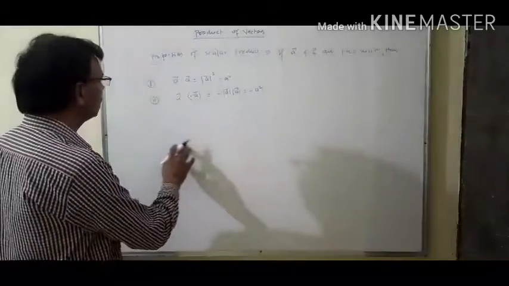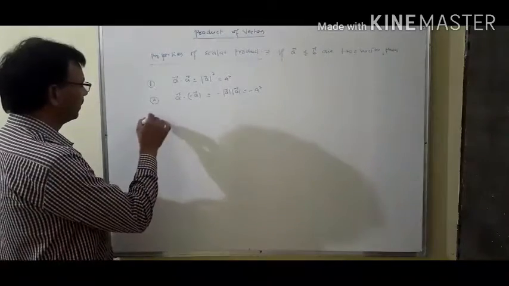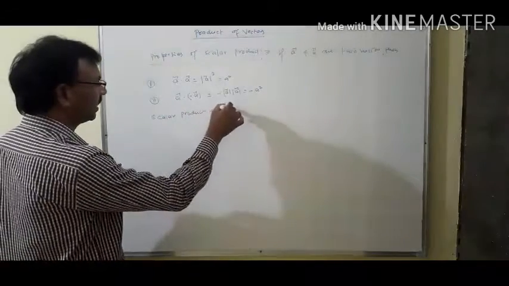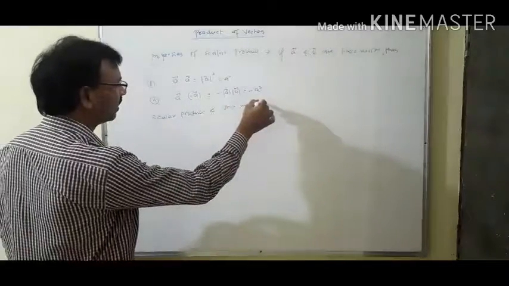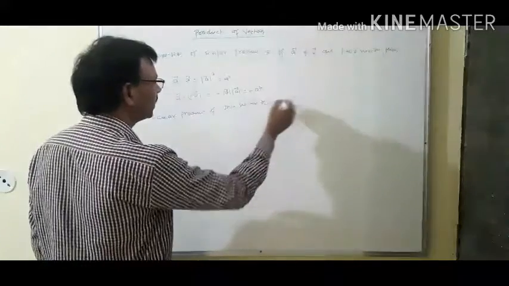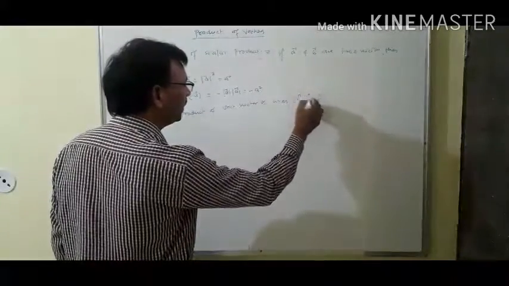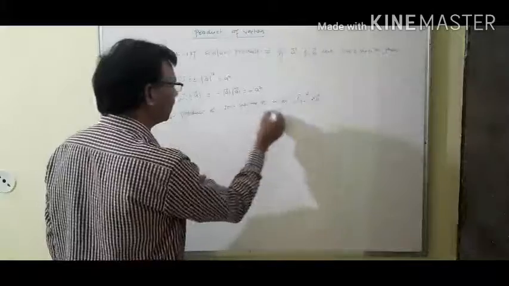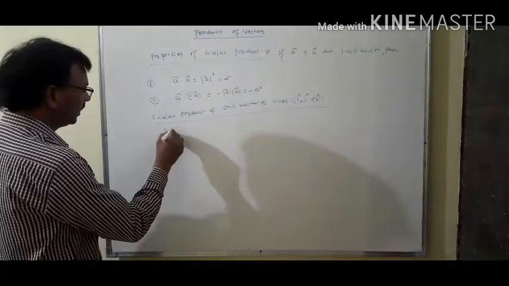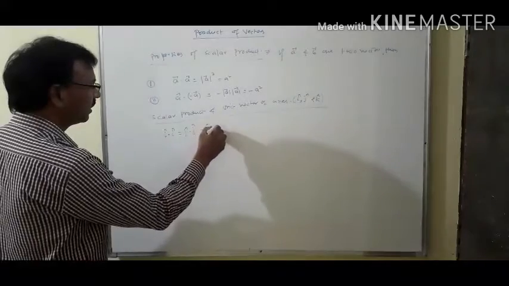Now we will discuss the scalar product of unit vectors of axis, that is i cap, j cap and k cap. What will be the scalar product of i, j, k? i dot i equal to j dot j equal to k dot k.